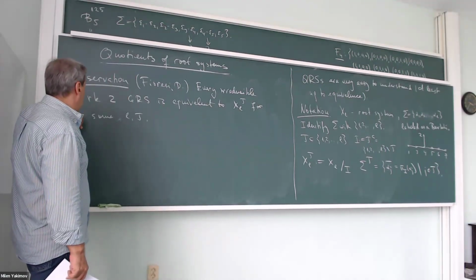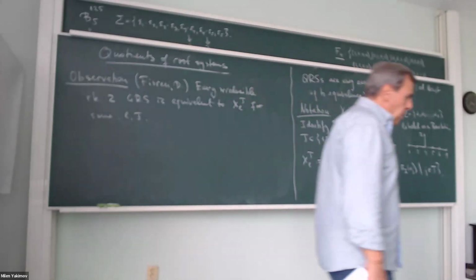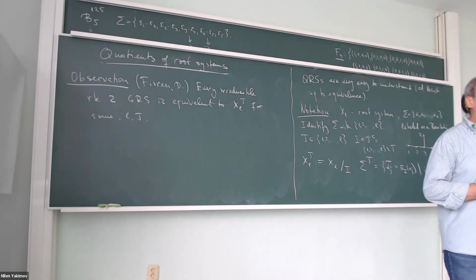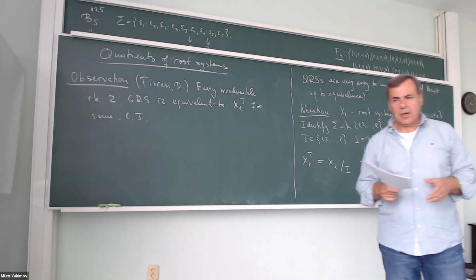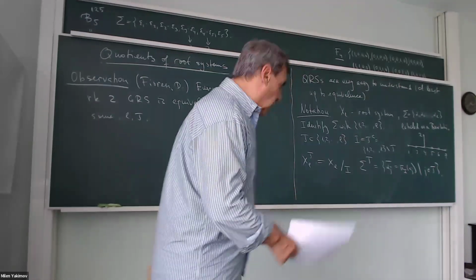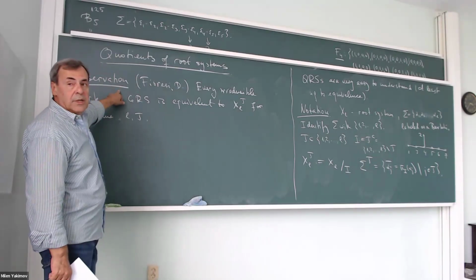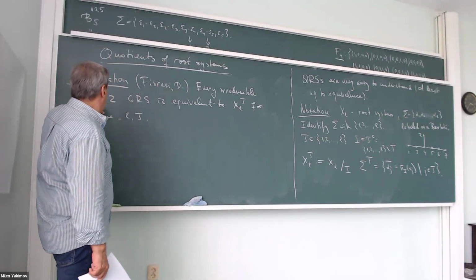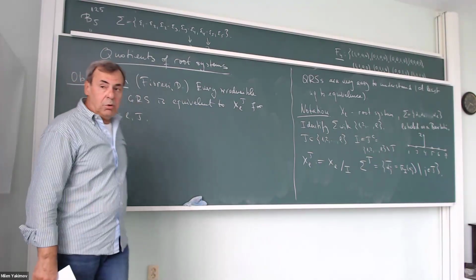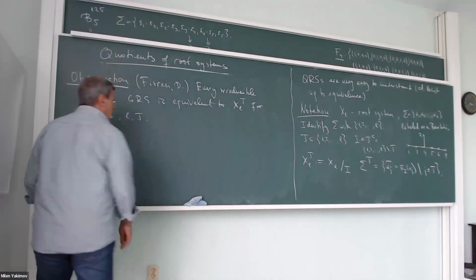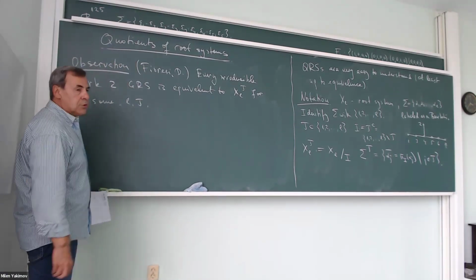Because of this observation, and also noticing that there are close relations between what happens in rank 2 and other things people have been studying in the context of hyperplane arrangements and root-defined value points, we conjectured that this is true in general: that every irreducible generalized root system of rank greater than or equal to 2, rank 1 does not work, is a quotient of a root system.